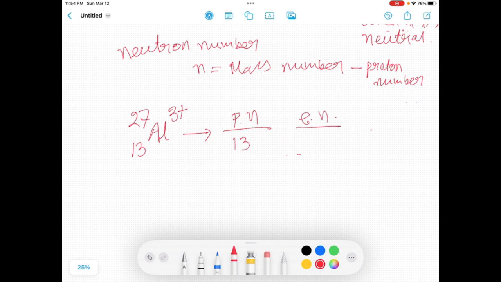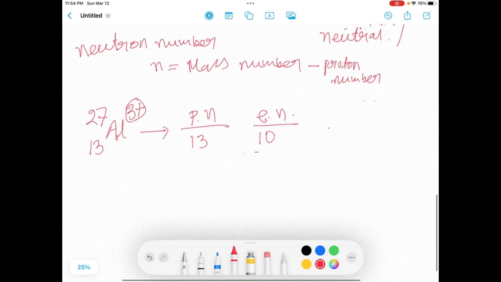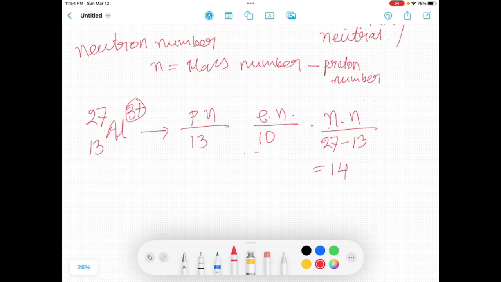The electron number will be how much? There is a 3 plus charge, so that means 3 electrons are removed from here, so the electron number will be 10, but the neutron number will be 27 minus 13, so it will be 14.